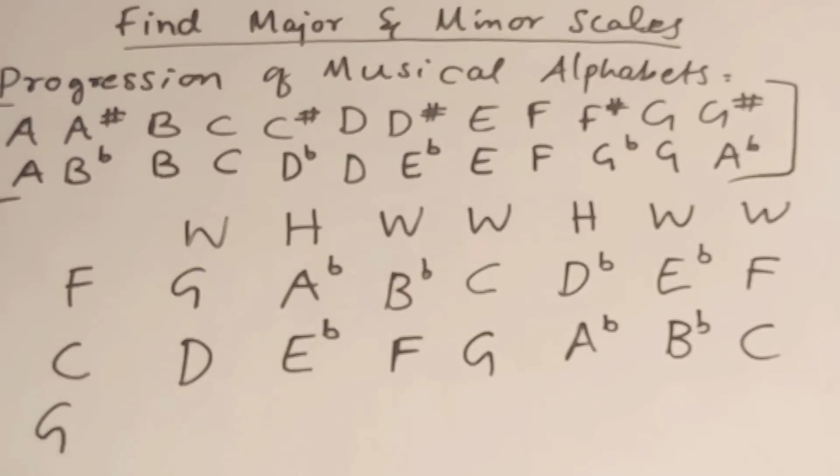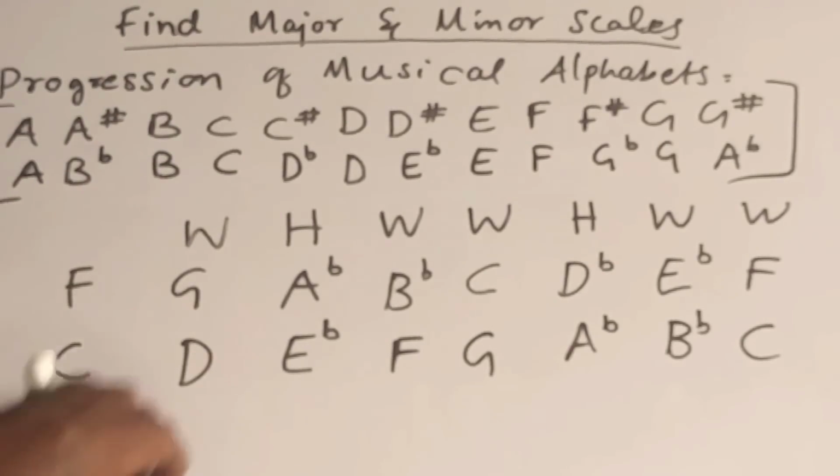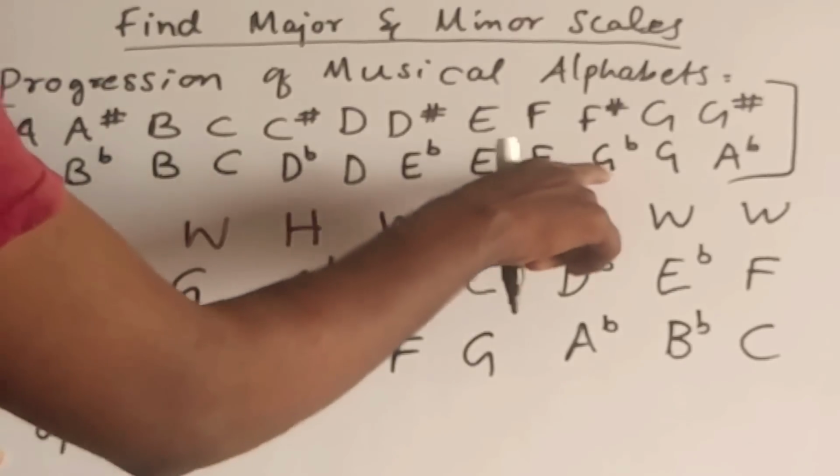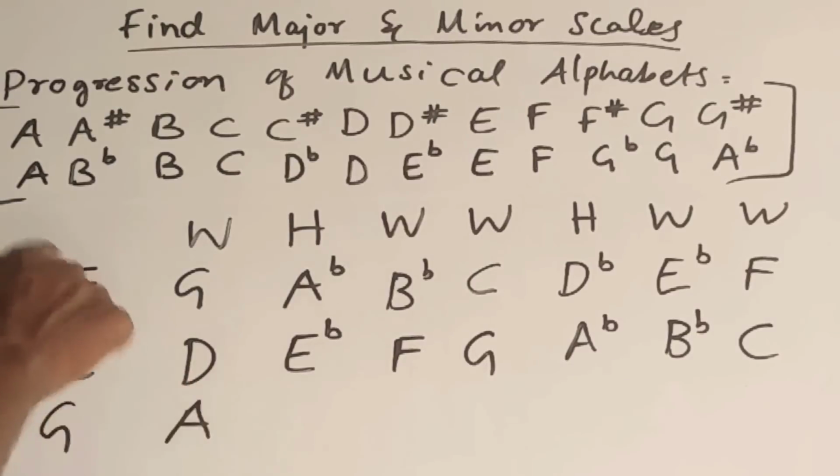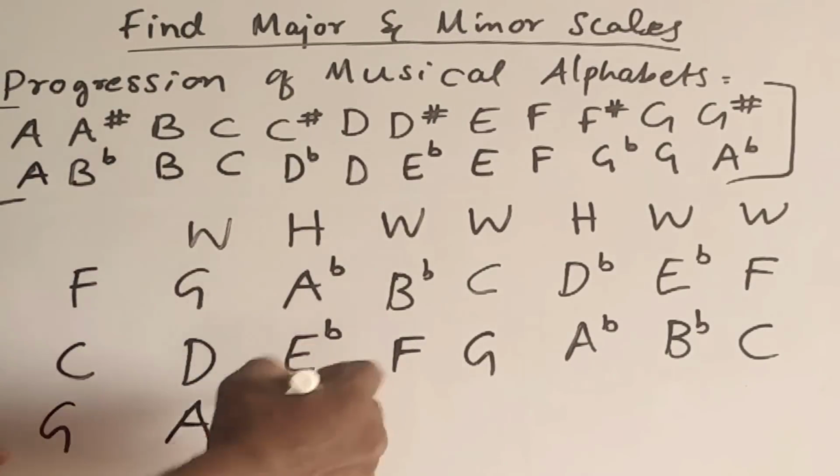Now let's find the G minor scale. The whole step from G is A. The half step from A is B flat.